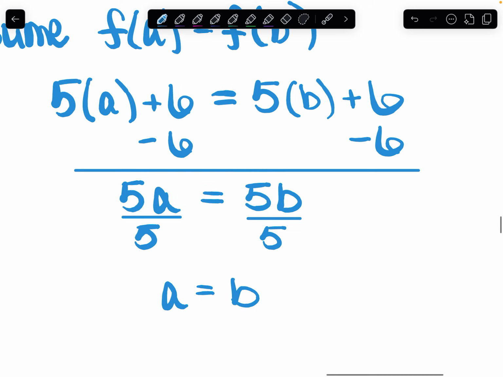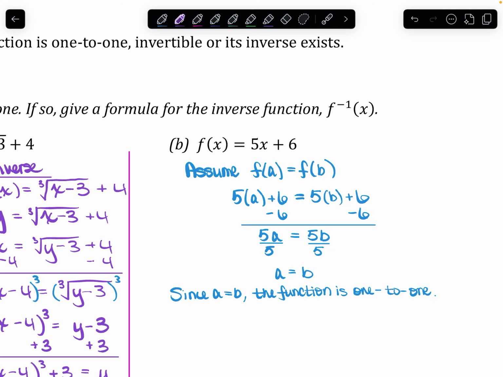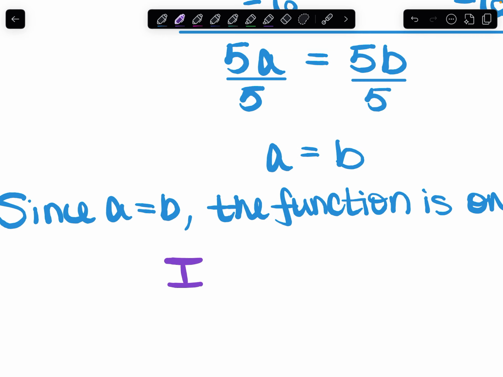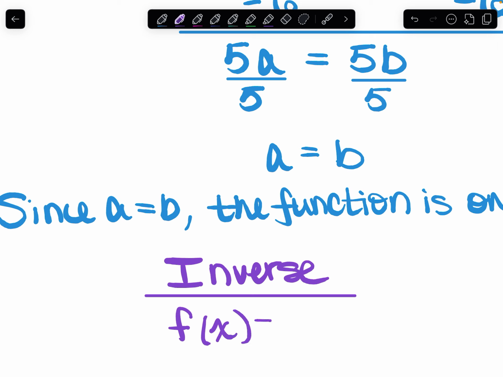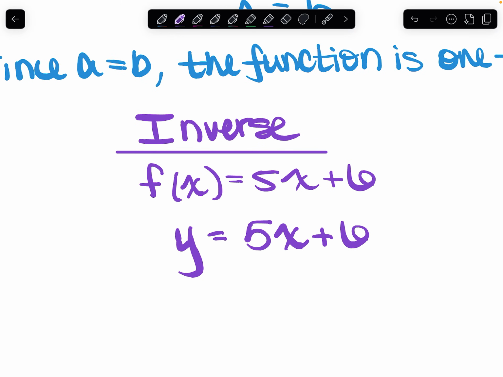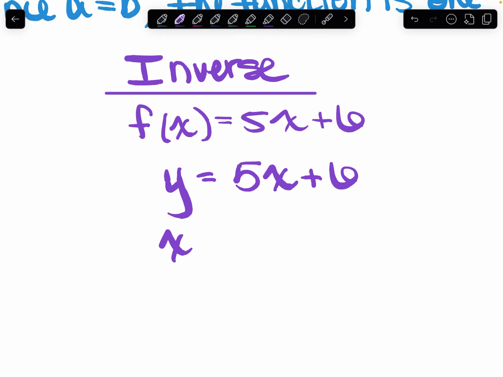All right, so since the inverse exists, now we need to find the inverse. All right, I think I could fit this one here. 5x plus 6. All right, so finding the inverse. Drop the fancy. Switch them. So x equals 5y plus 6. Resolve.